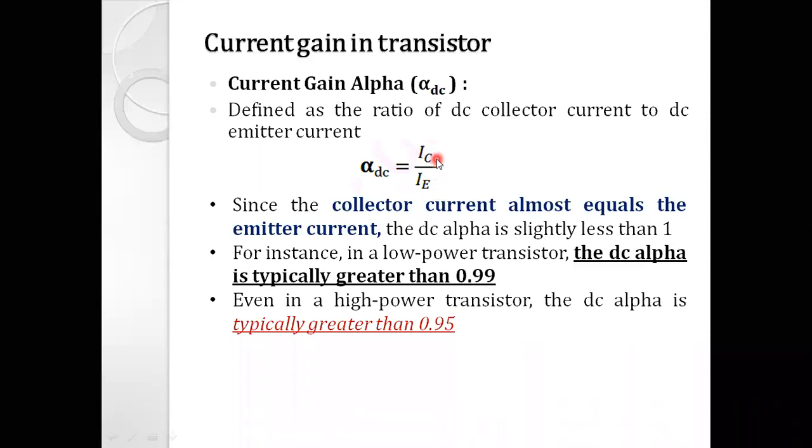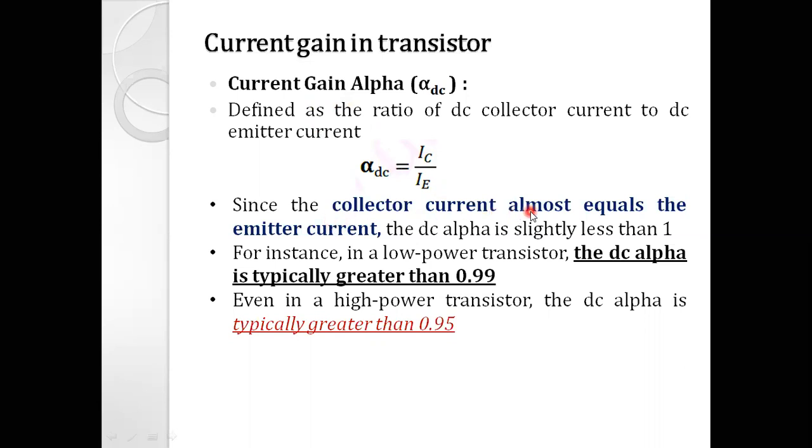Alpha DC is the ratio of collector current to emitter current. That means output current divided by input current, right? In this case, our input current is the emitter current and the output current is the collector current. So output divided by input. This ratio is of a current parameter, because of that it is known as the current gain and it is denoted by alpha DC.